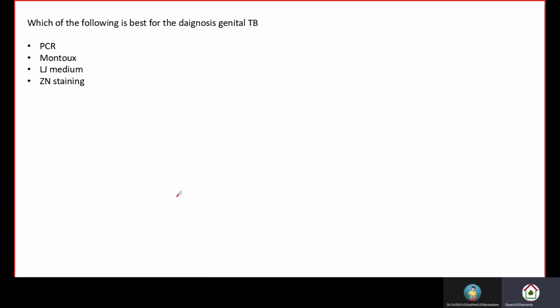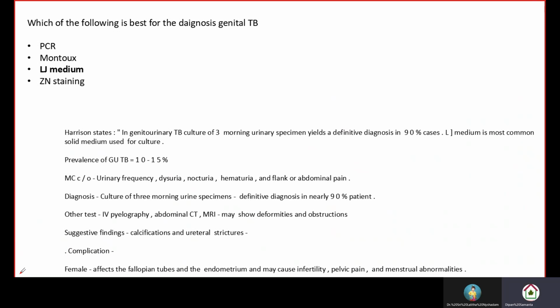Okay, next question. Which of the following is best for the diagnosis of genital TB? PCR, Mantoux, LJ medium, ZN staining. And the answer is LJ medium.